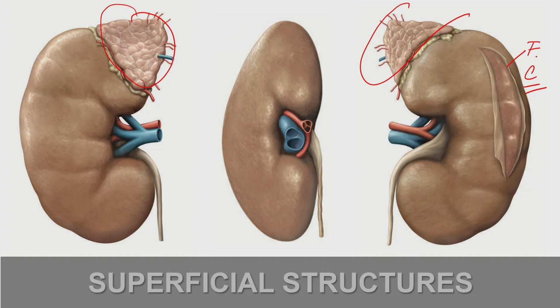Those structures we can then observe. This is the sinus. The sinus is a hollow space where we have a vein, artery and their branches, and the collecting system. The collecting system is most dorsal. In the middle are the artery and branches, and the anterior part contains the vein.